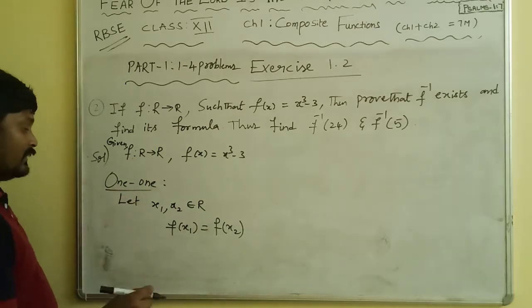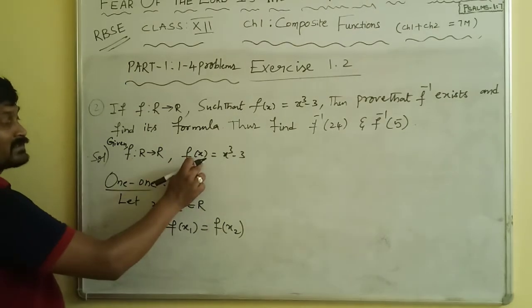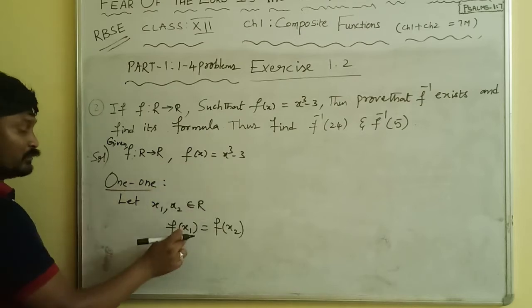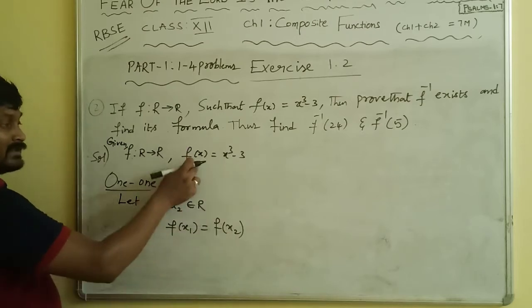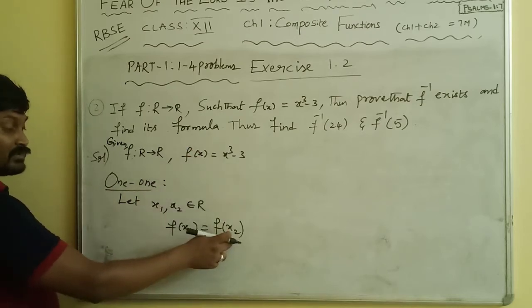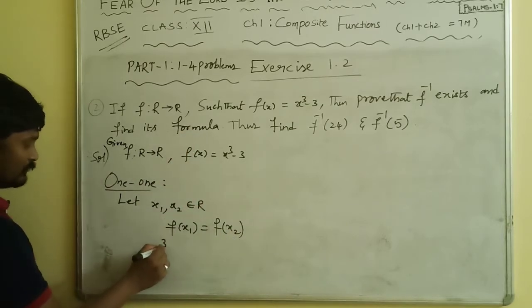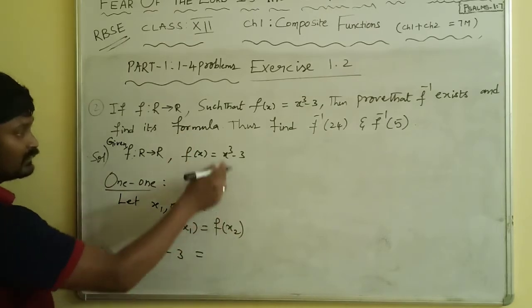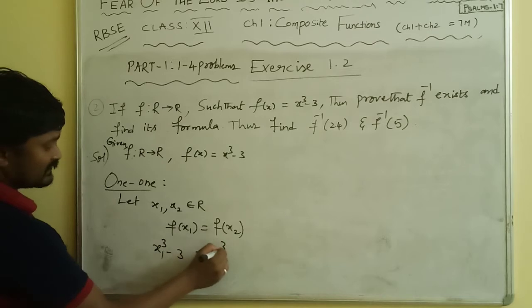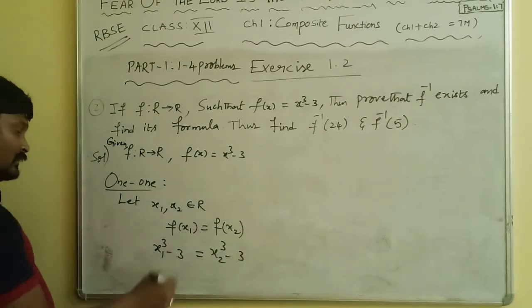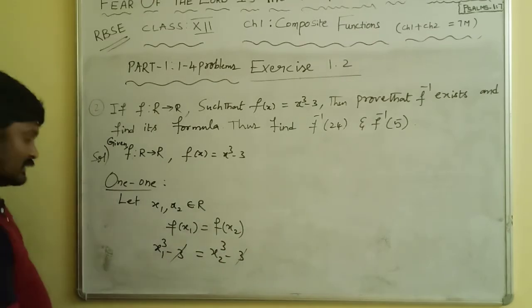Wherever x is there in f of x, we need to put x1, and then put x2 in f of x2. So we get x1 cubed minus 3 and x2 cubed minus 3. Now observe, minus 3 gets cancelled.